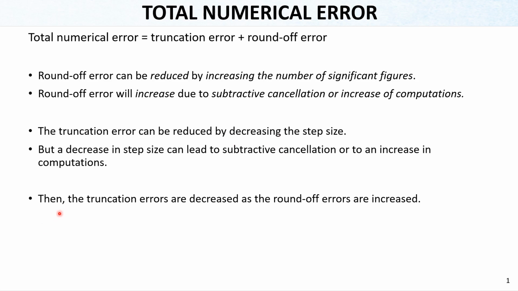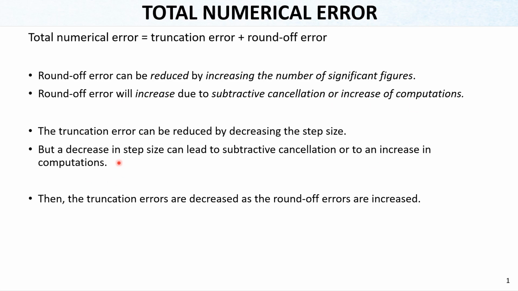Also, the truncation errors are decreased as the round-off errors are increased. This is an important fact as well, because we have subtractive cancellations and increased computations in the reduced step size. The round-off error will increase with the increase of computations.